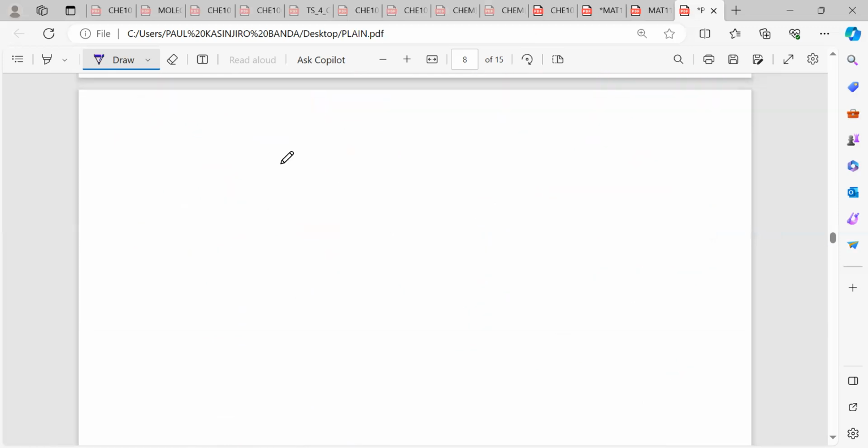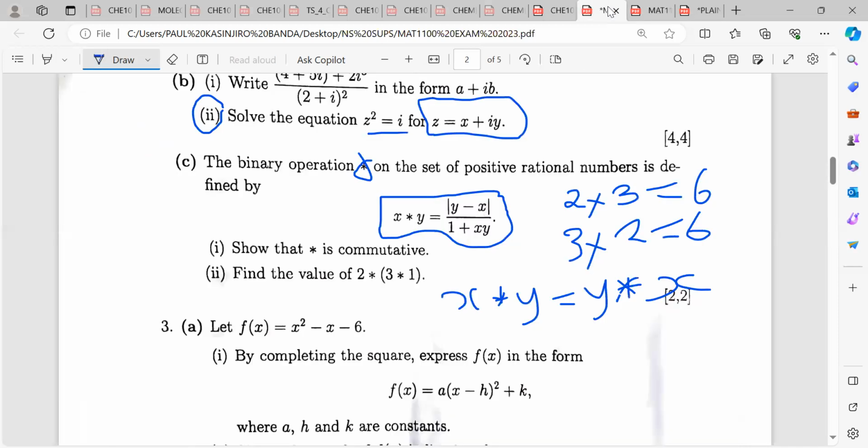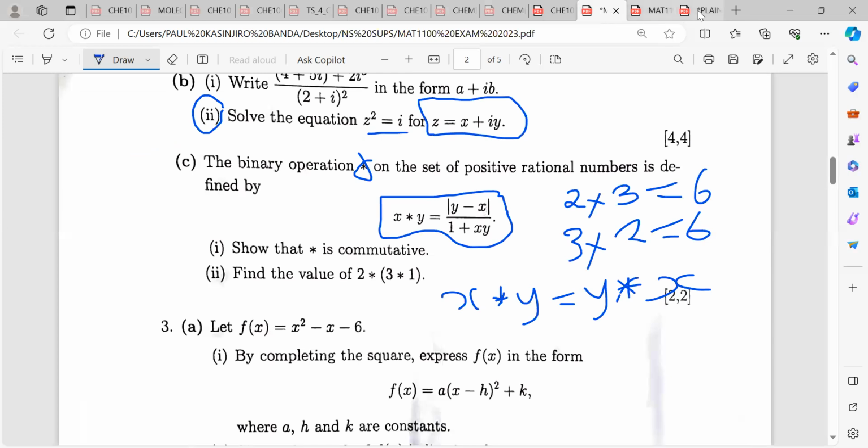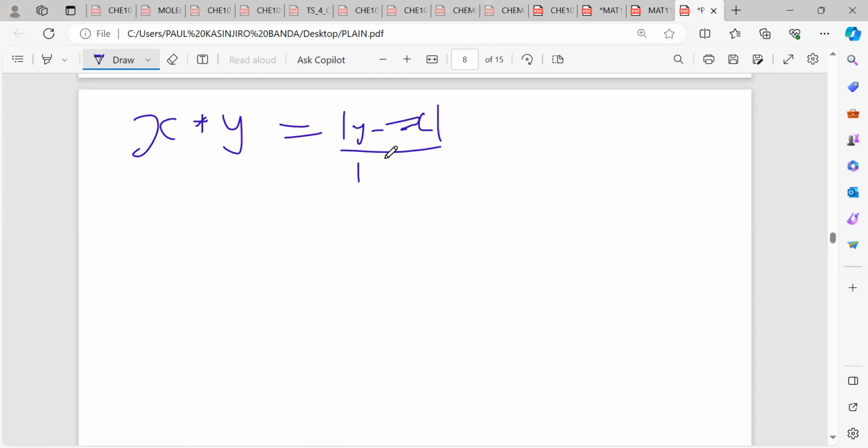Then they are saying x star y is equal to the modulus of y minus x, over 1 plus xy.